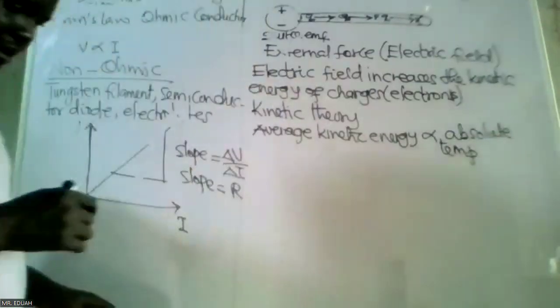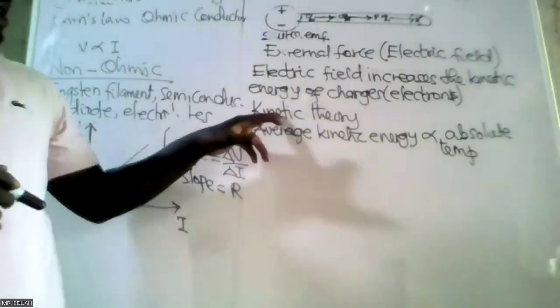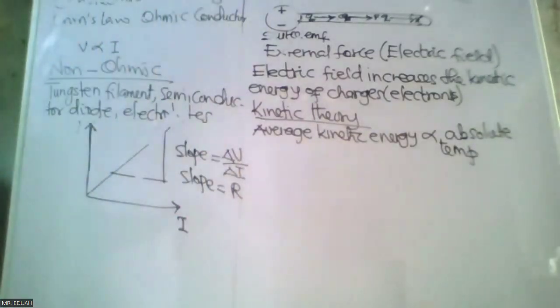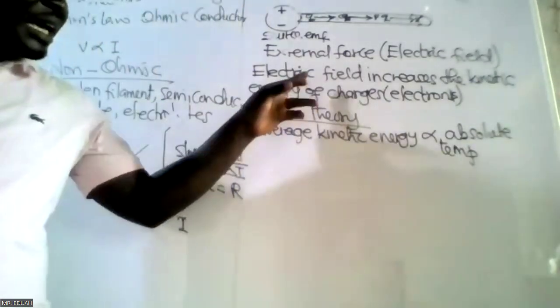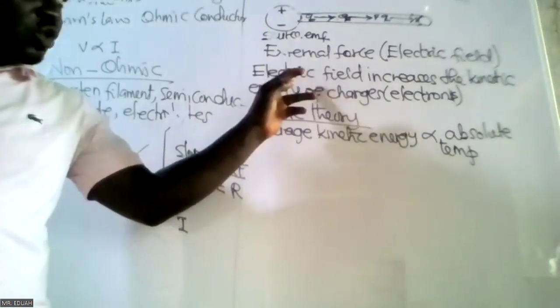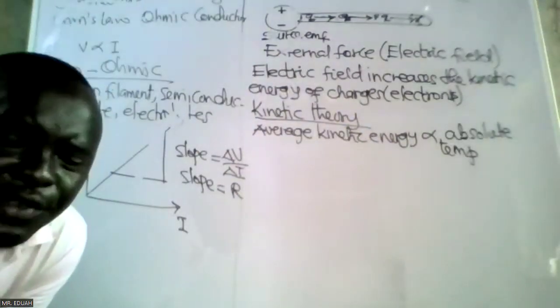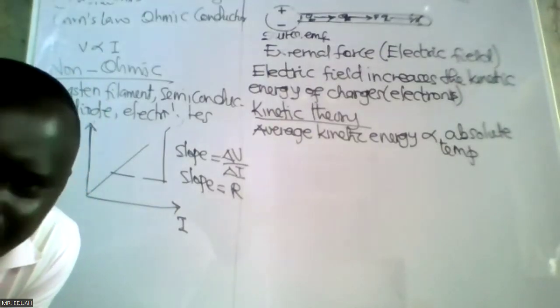Meaning that as the field causes the kinetic energy of the electrons and then the charges to increase, the temperature of the whole conductor also increases.